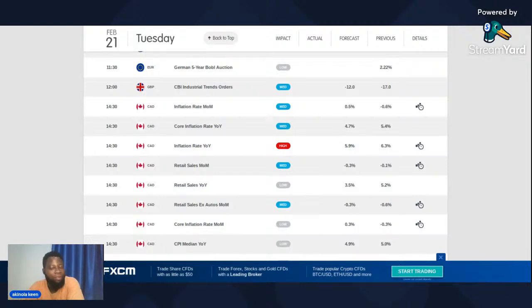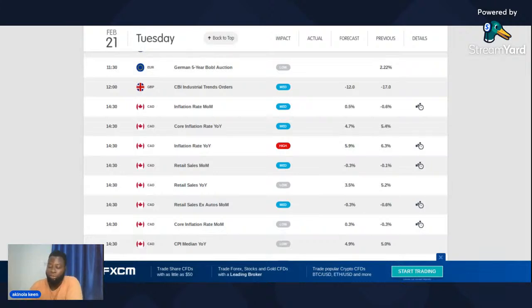That is if the forecast is actually right. You understand? But if this forecast goes wrong or it increases more than the forecast, that means the Canadian dollar is going to weaken.